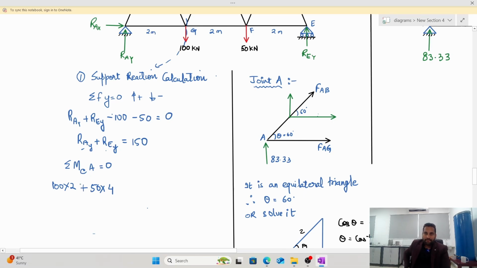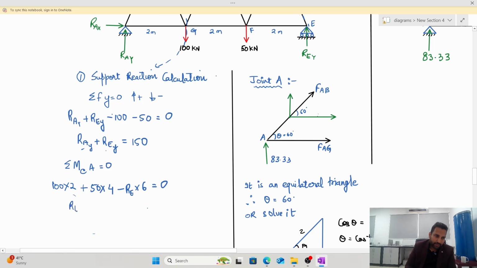Then I have RE times 6, so negative RE times 6 equals to 0 because it is anti-clockwise. So, I can write this as 200 and this is also 200. So, 200, 200, 400 goes to the other side.